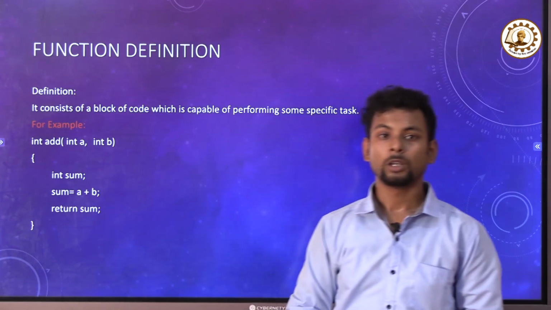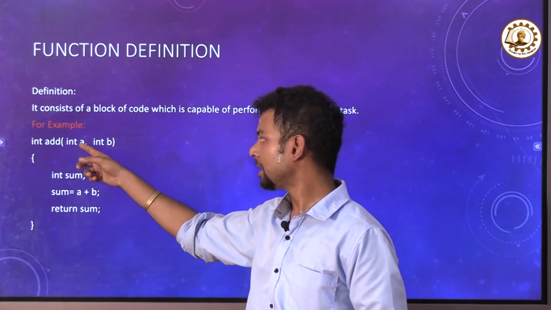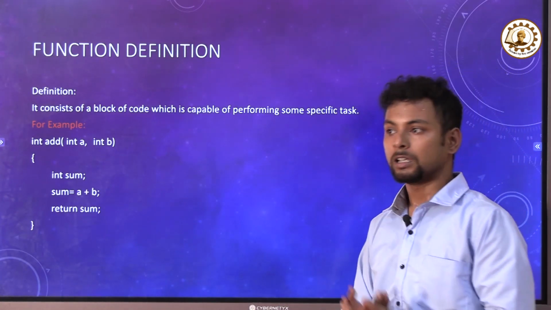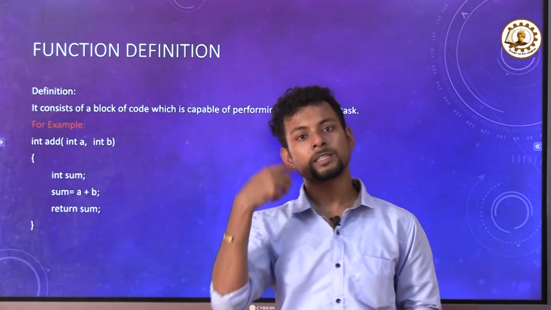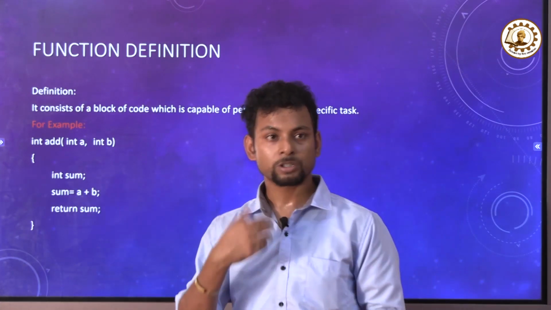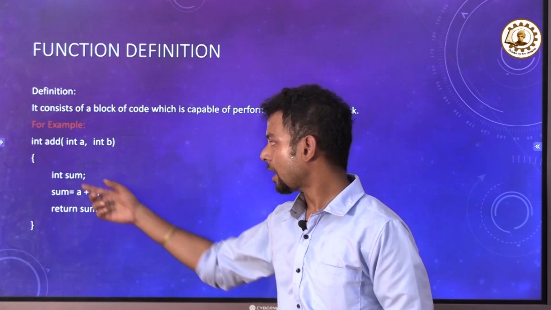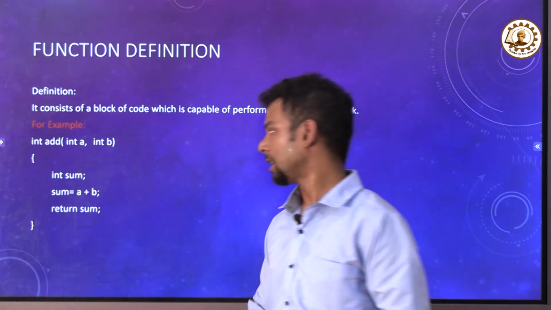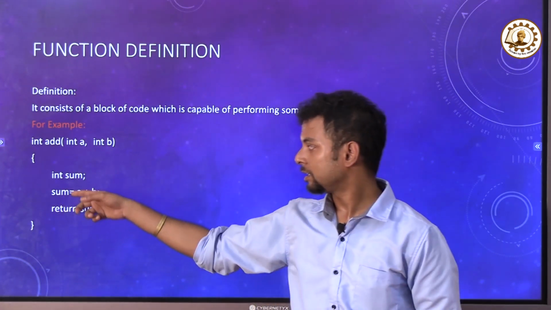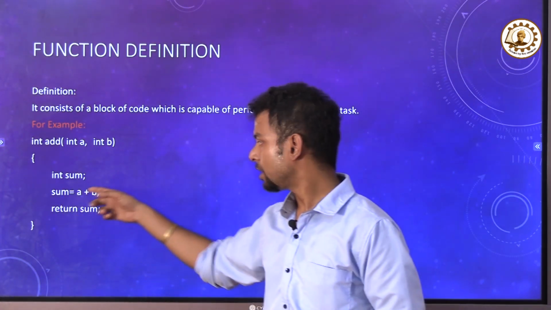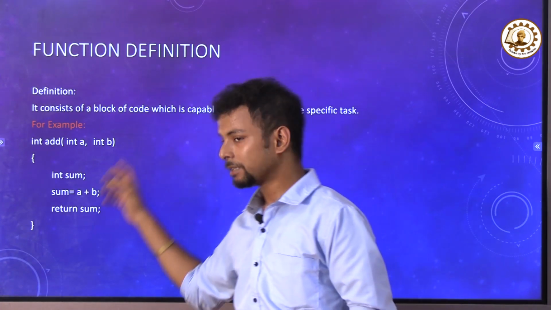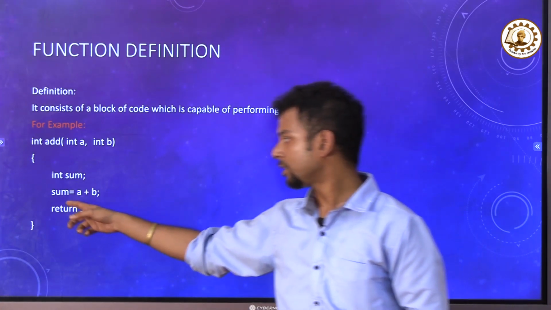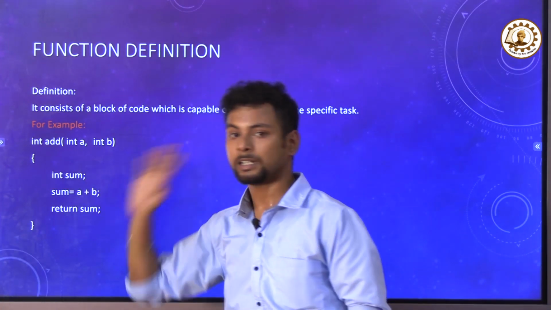Because parameter a and parameter b are of integer type. When you add two integers, the result you get is always another integer. You have to store the result somewhere, so I am storing the result in the sum variable, which must be of integer type. In the second line I have written sum is equal to a plus b. After addition, whatever value I get is stored in the variable sum. After that, I am returning the value of sum from the add function.